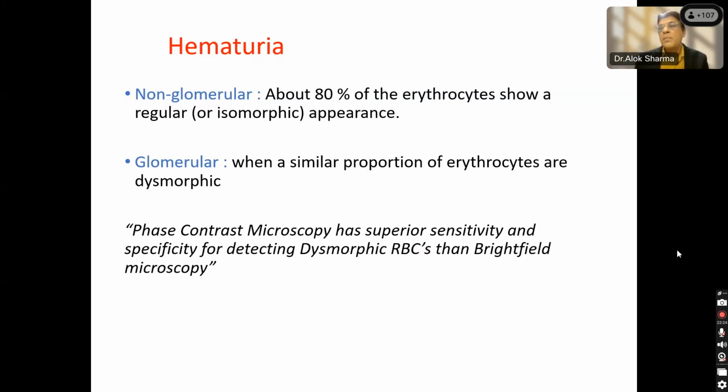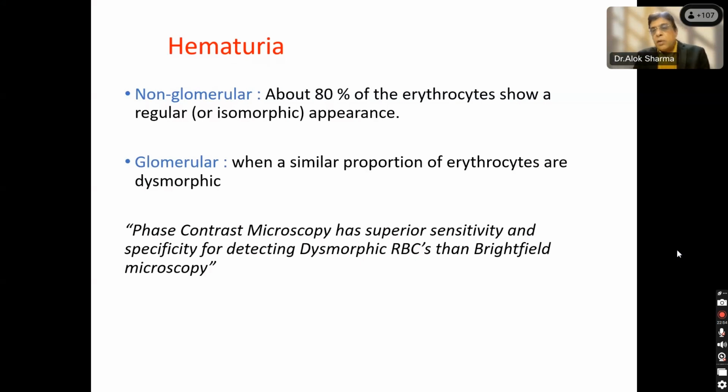So when you have more than 80% of RBCs which are dysmorphic, it is a strong indicator of glomerular hematuria, meaning those RBCs are coming into the urine as part of some glomerular pathology. It could be a proliferative pathology like infection-related GN and IgA nephropathy, or it could even be because of GBM thinning seen in certain patients, or Alport syndrome. So these are the conditions which are useful for determining. We'll come to that, how you determine them.